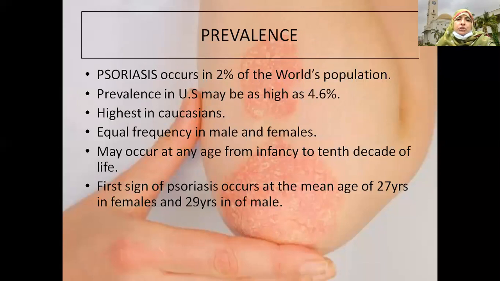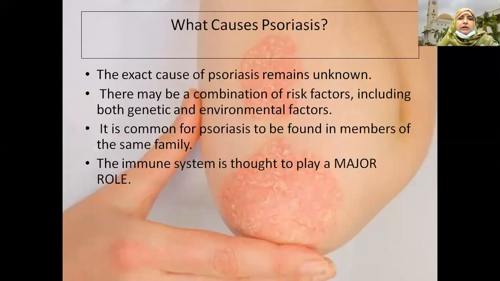No gender discrimination, it equally affects males as well as females, and it may occur at any age, right from infancy up to the 10th decade of life, with first sign of psoriasis occurring at the mean age of 27 years in females and 29 years in males. So it's quite common, even higher in whites, Caucasians, but we see a lot of these people in OPD, in wards, even in day-to-day practice.